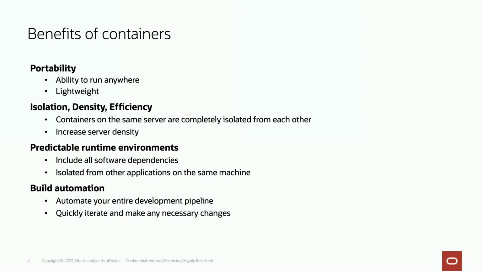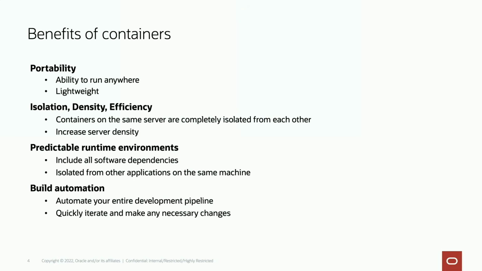They were improving portability. So they are lightweight, and we build images for those containers. They can run anywhere, so we can go across all clouds and run the same application that we built. They offer isolation, and so on a virtual machine, on a server, we can run multiple of those containers, and we can use the resources that we have more efficiently.